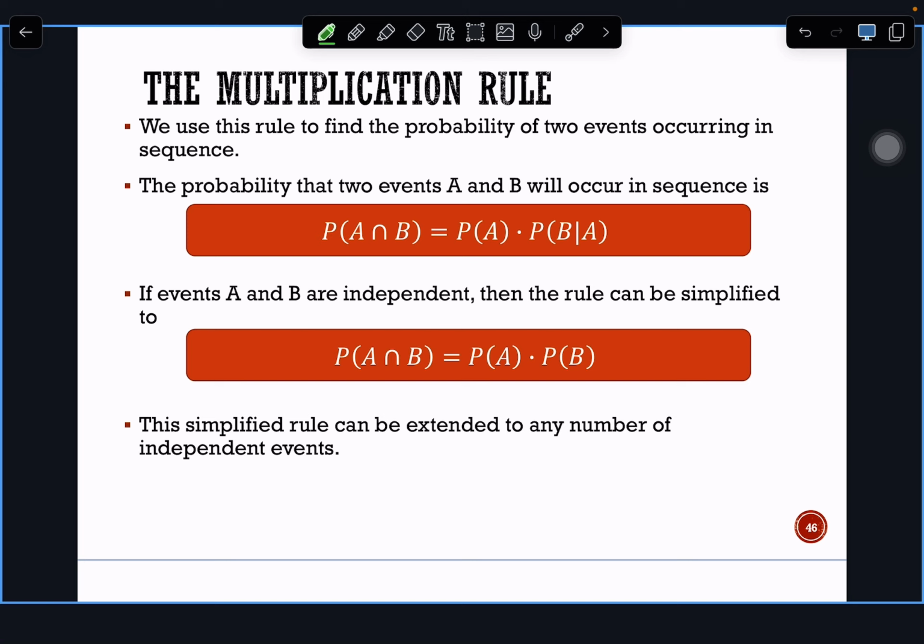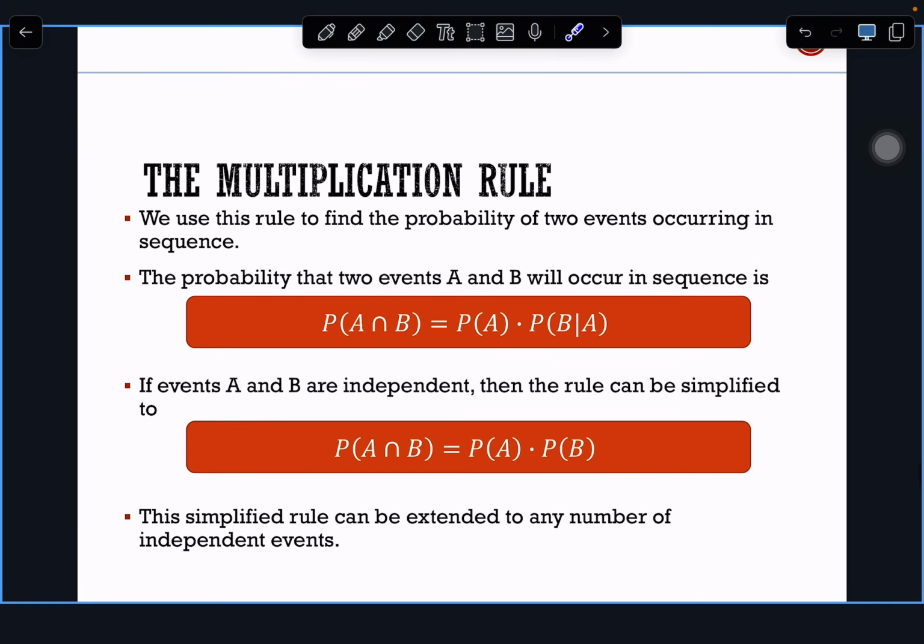At least you know a picture a bit, right? So this one, multiplication rule. My first question is, how do we get this formula? From where? Correct, from somewhere.